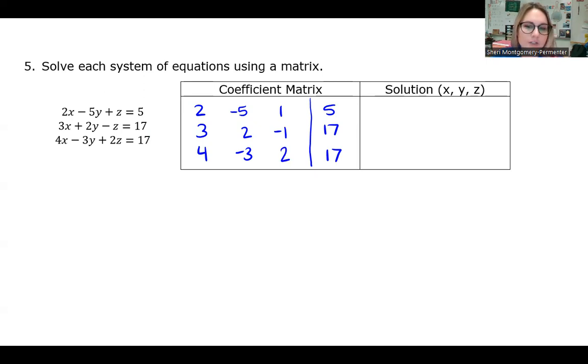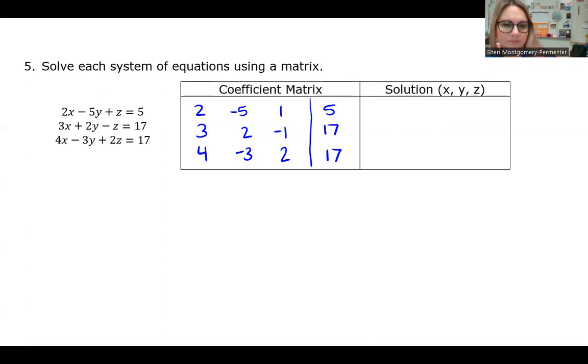The next thing that we're going to do is type that into our calculator. I'll see if I can pull up my calculator. You've got your little slip of paper to help you with the commands.